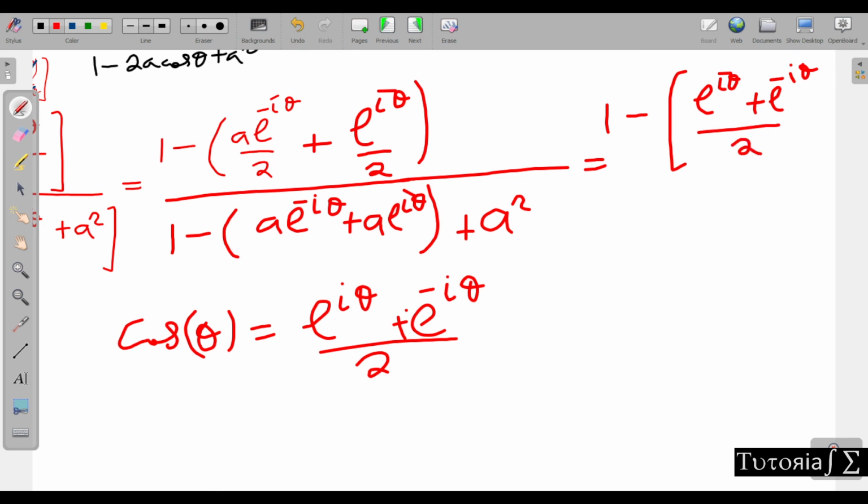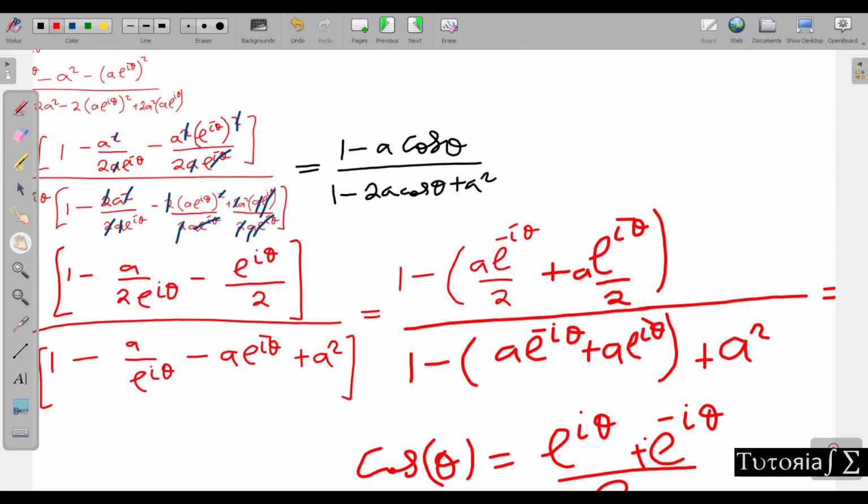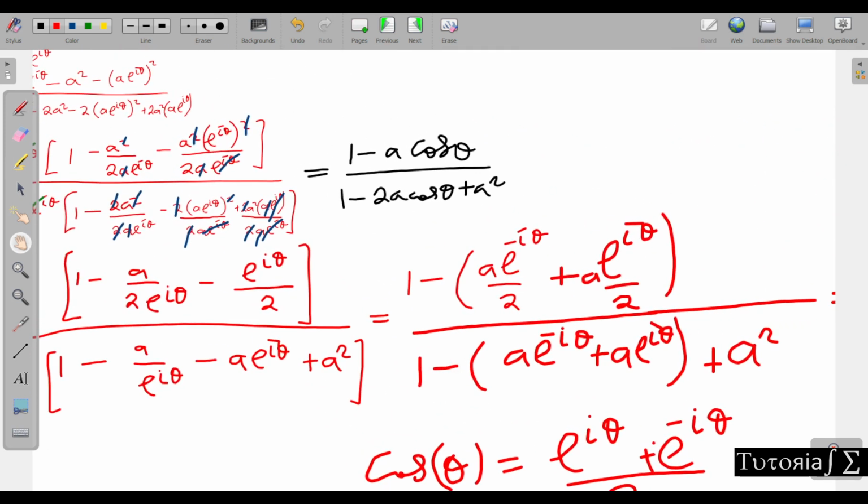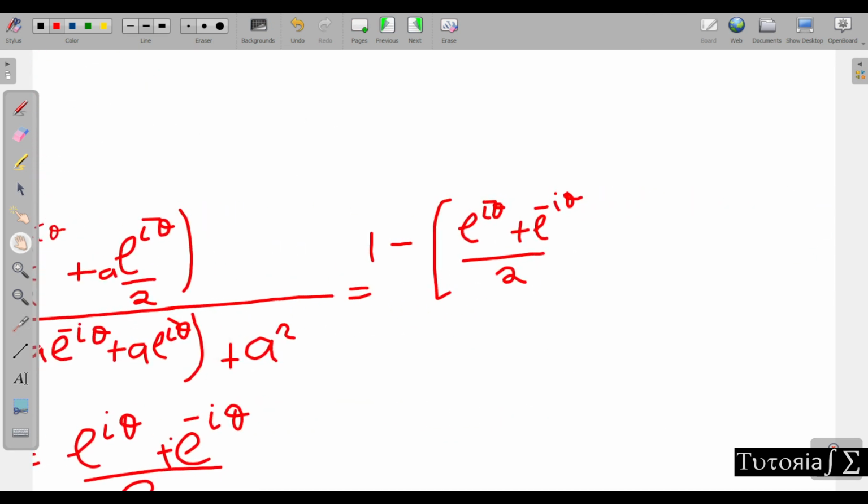Then we can factor out the a. We got an a here, there is an a right here. So here you see we remained with one a. We got that a. We remained with one a. There is this a. Okay. So we can factor out the a as well.